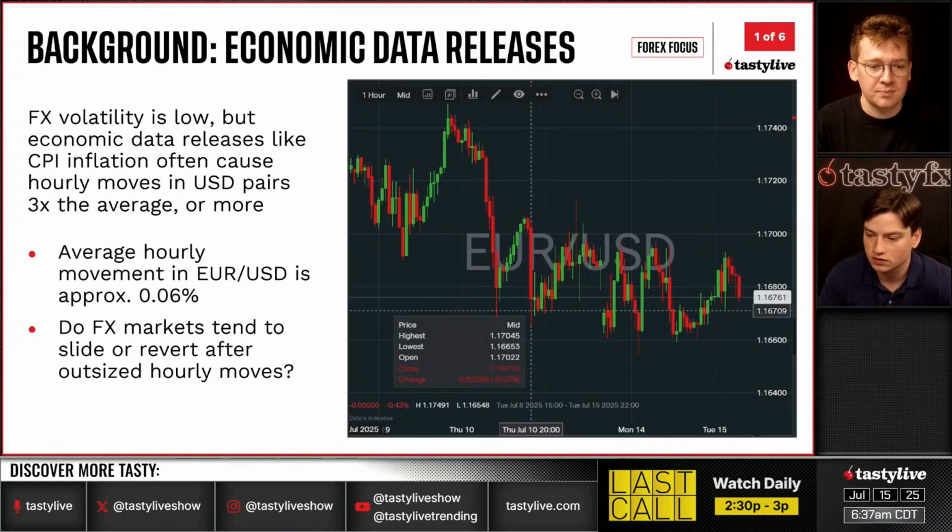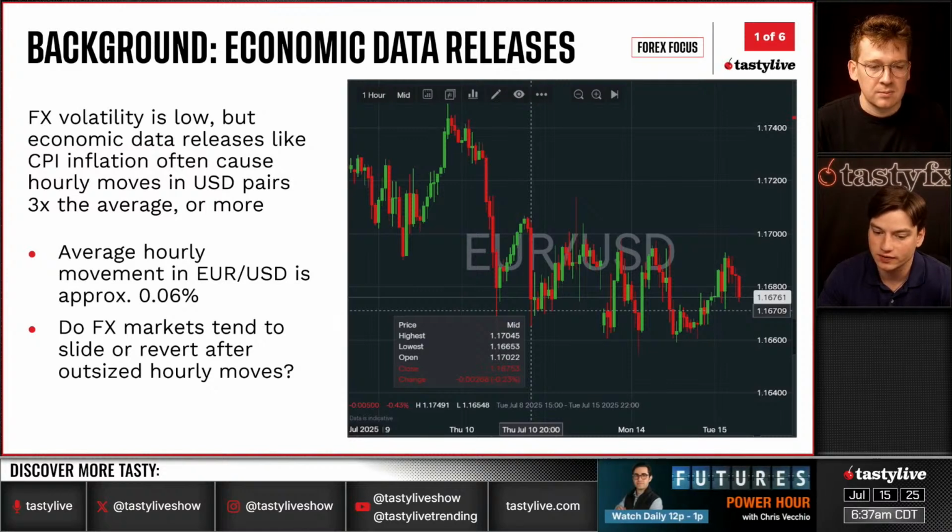Yeah, so just to finish up this background here, the average hourly movement in euro dollar using the past year of data is around 0.06%. That's coming in every day. But if you look at this graph to the right, you can see I highlighted one of the candles, and the reason I kept a lot of these in percentage moves is because the tastyfx platform calculates it for you right here when you hover over a candle.